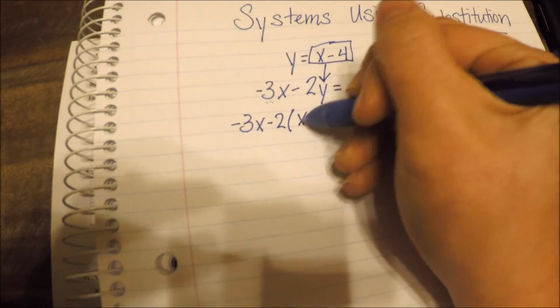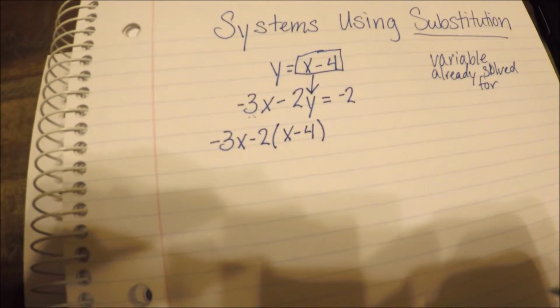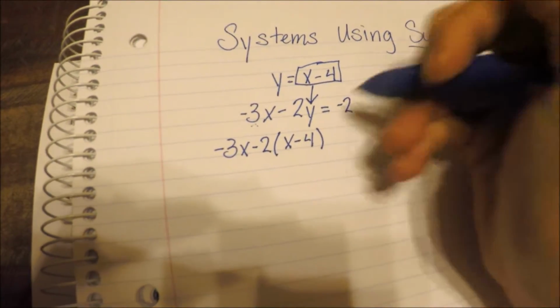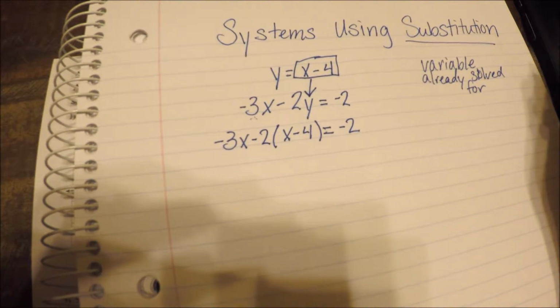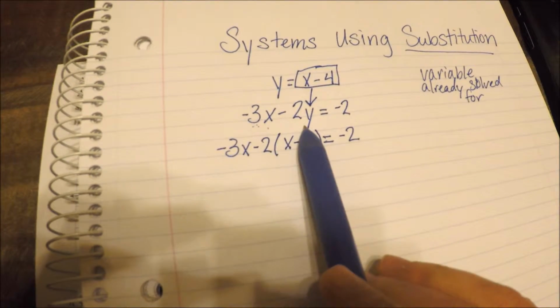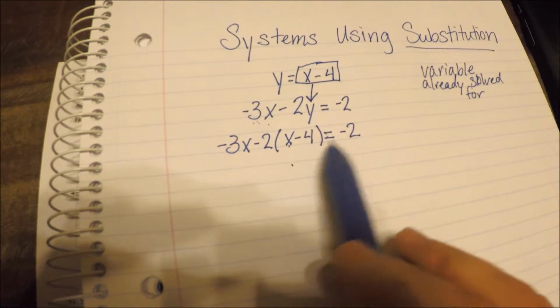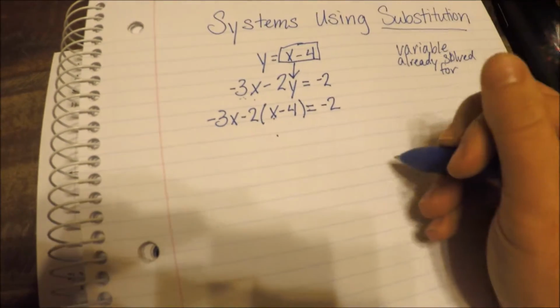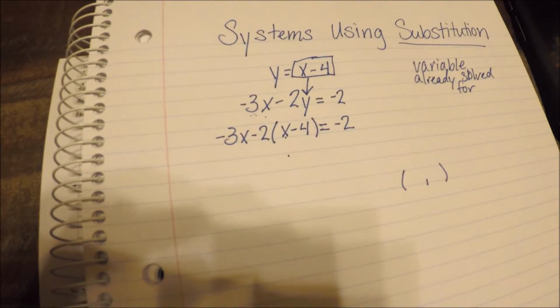So parentheses x minus 4, make sure to close those parentheses, equals negative 2 to finish out that second equation. Now I've gone from 2 variables to just 1 variable, so I can solve for x and find the first part of the coordinate for my solution.